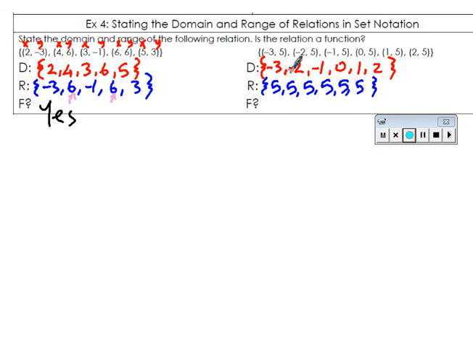When you see a domain value repeating, for example, if -2 was mentioned twice, -2 is going to 5, another -2 is going to 6, that will be an indication of not a function. In this case, we still have a function because every domain value is paired up with only one y value. Although all those y values are the same, still every domain value is paired up with one y value. So this is, yes, a function.